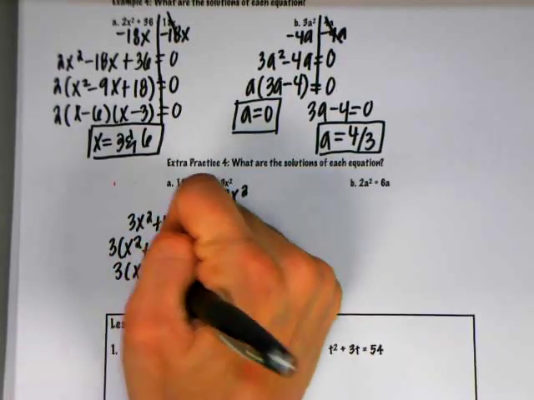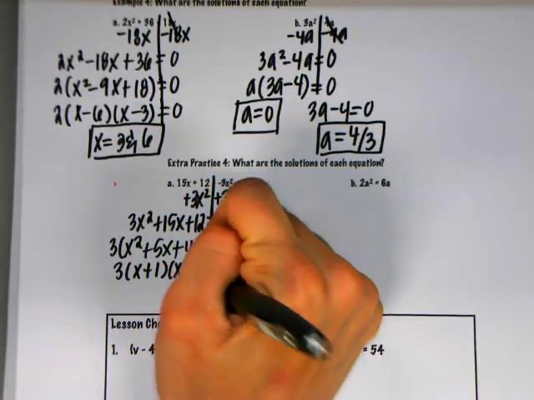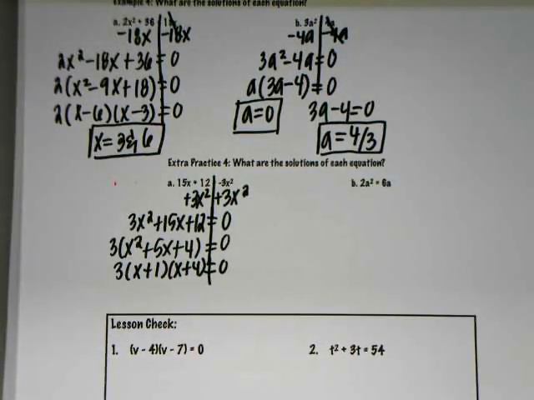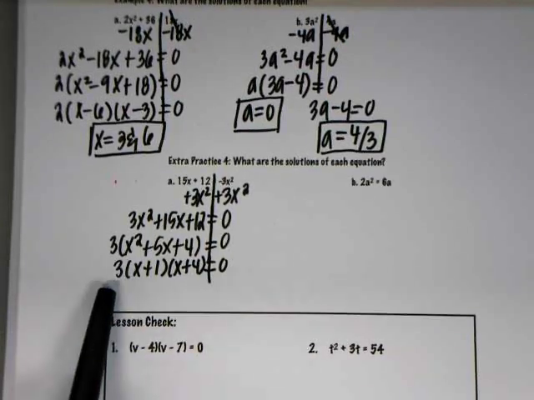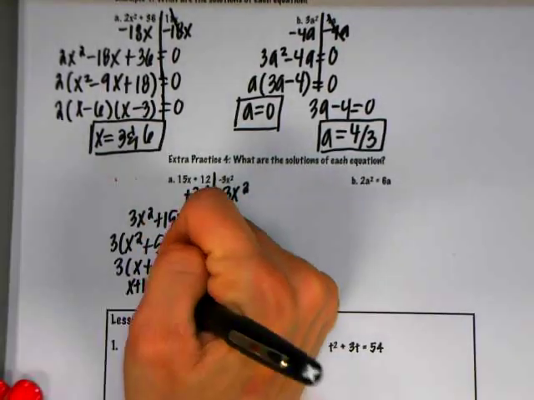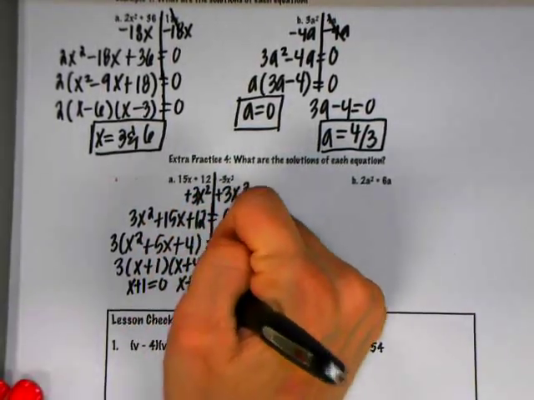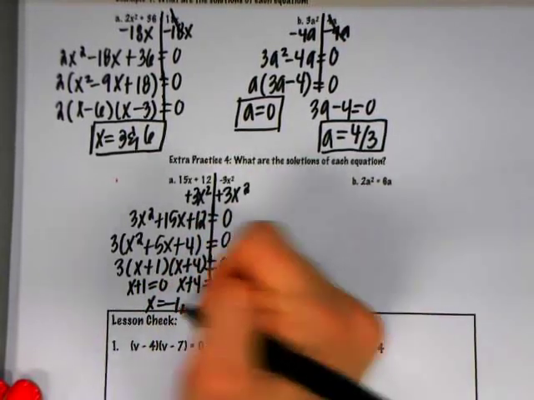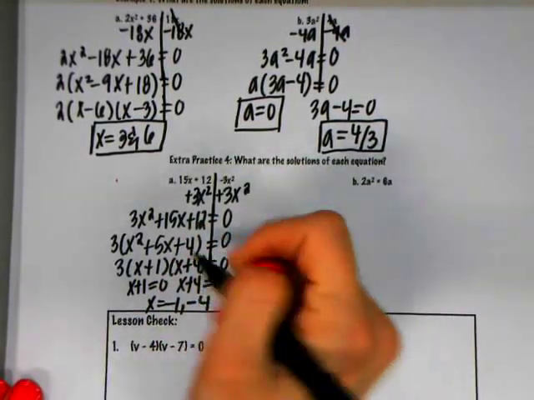No, just 1 and 4. No negative. Right? Yes? Okay, so do we see how this GCF doesn't have a variable, it doesn't have an x? So we don't need to use that, only use the pieces that have an x. So x plus 1 equals 0 and x plus 4 equals 0. So what does x equal? Yep, negative 1 and negative 4.